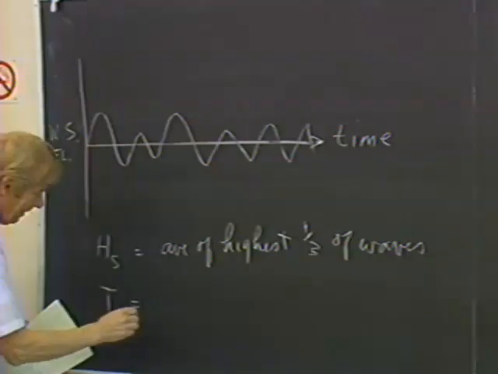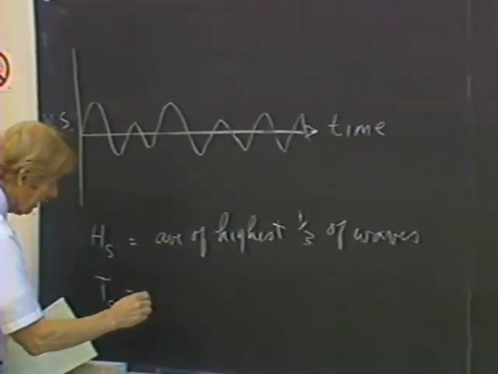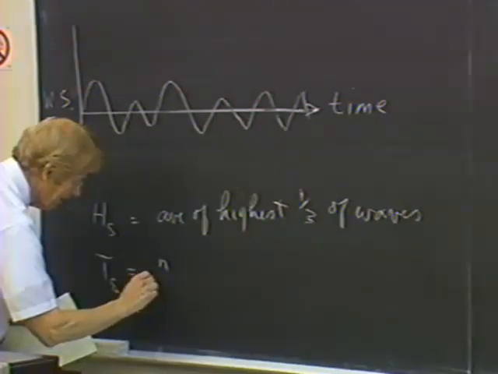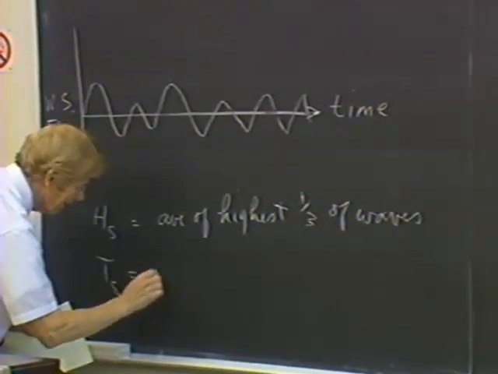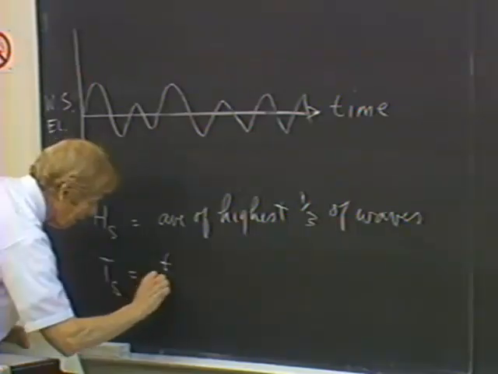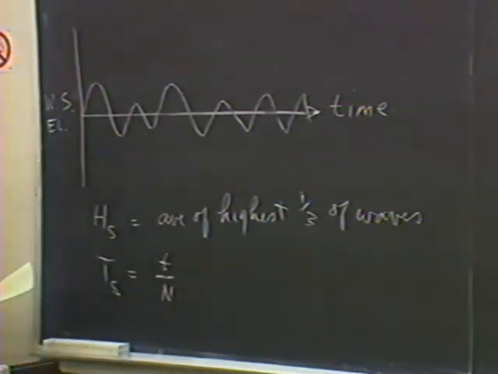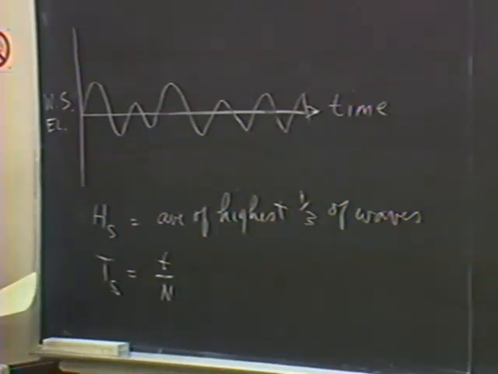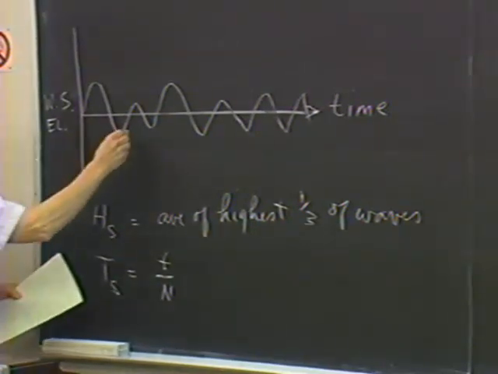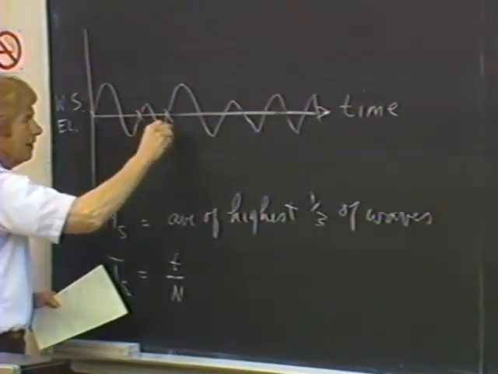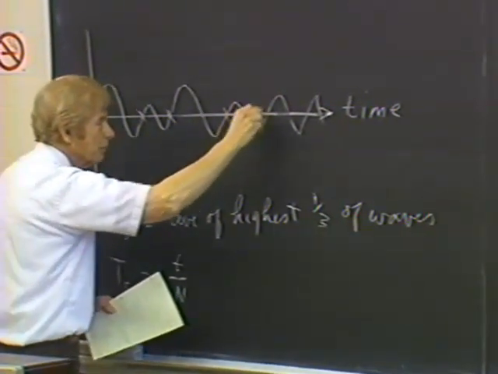Stay with this. It is the number of up crossings. I'm sorry, the time divided by the number of up crossings in the wave. And the up crossings were marked off as complete wave cycles.